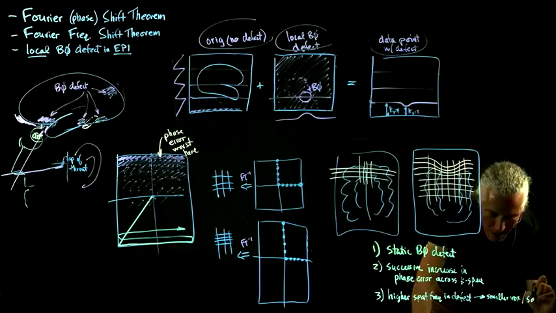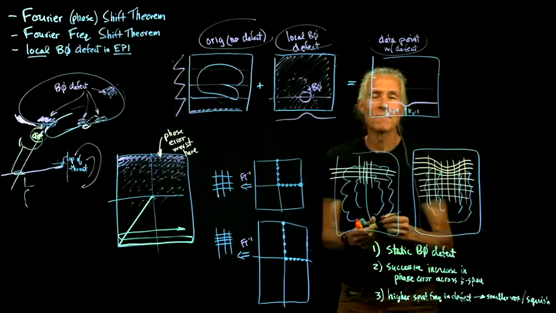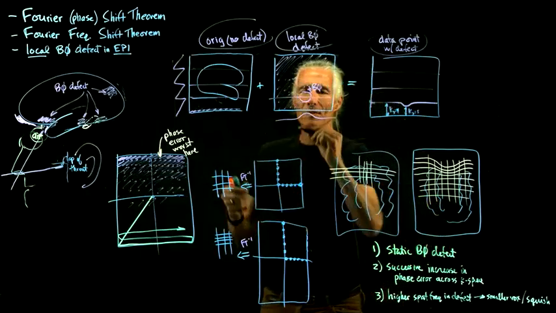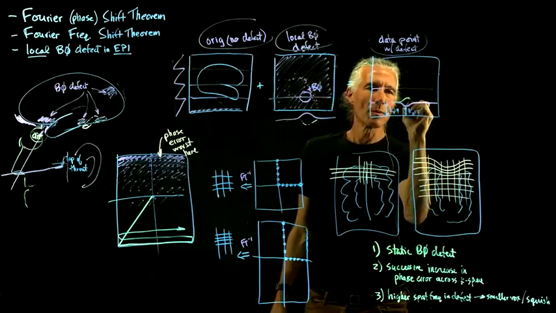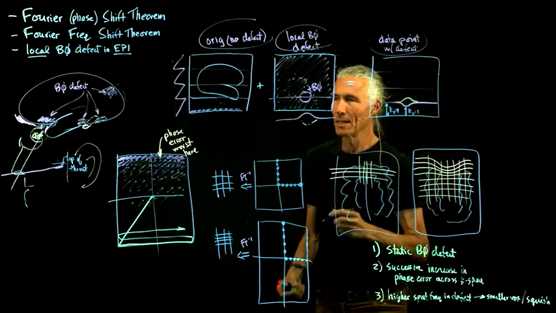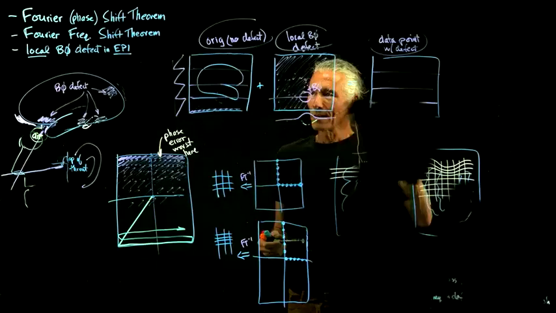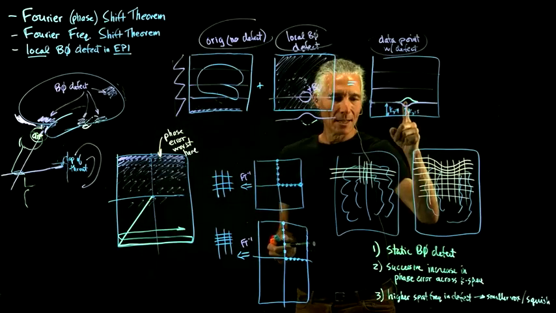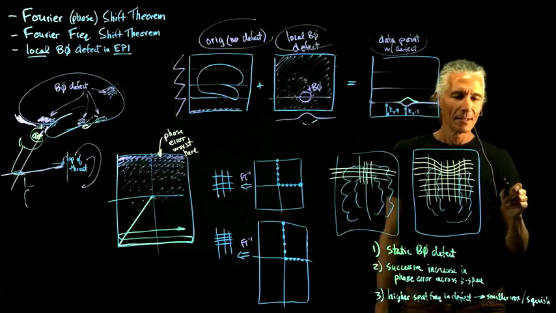Squish. Now, it doesn't have to be squish. It depends on the sign of the error. If the error was negative like that, it would do the opposite. It would sort of lower the spatial frequency. And if you lowered the spatial frequency, then you would stretch.